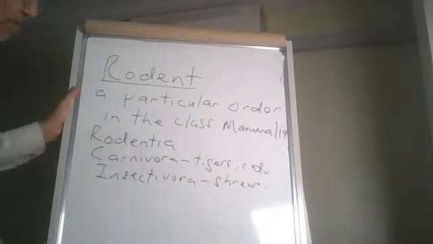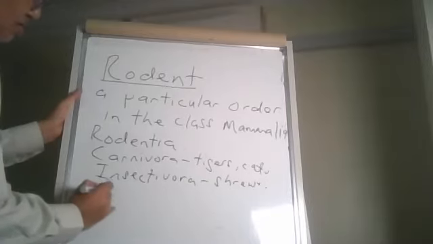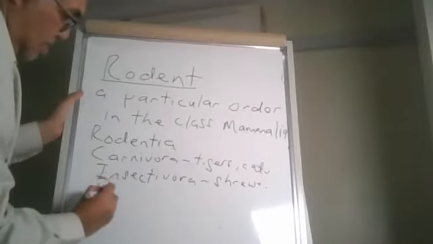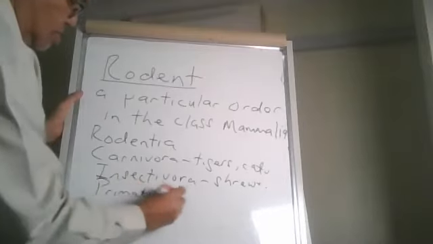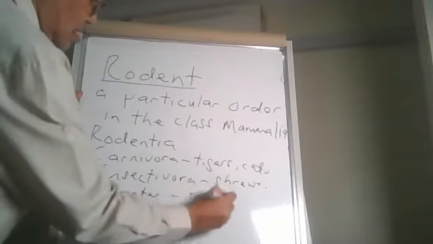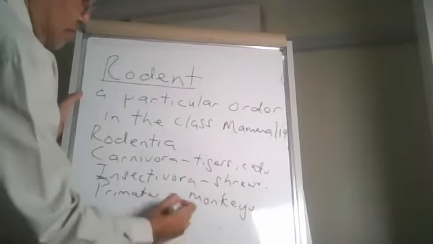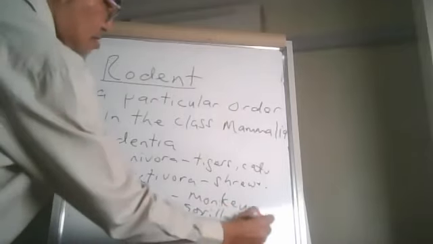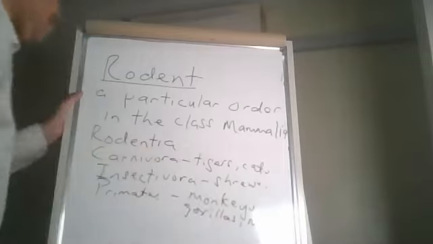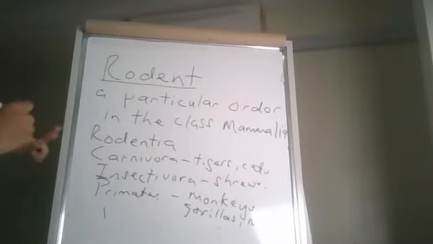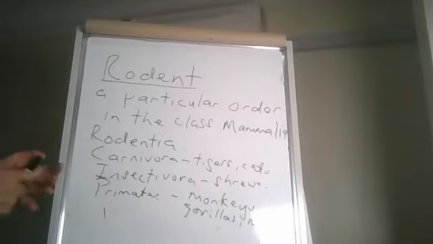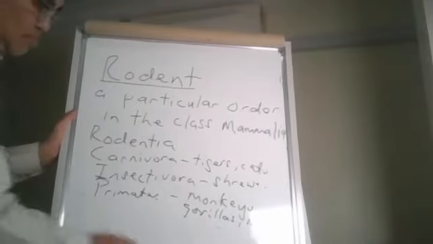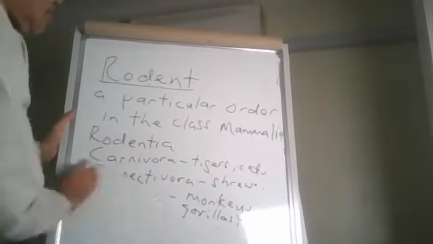And then you have the primates. This constitutes the monkeys, apes, gorillas, macaques, etc. Okay, and there are many more, about 30 or so. Just like the various orders in the class Insecta. Okay.